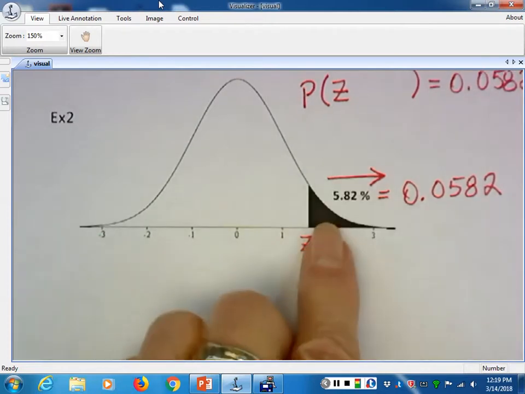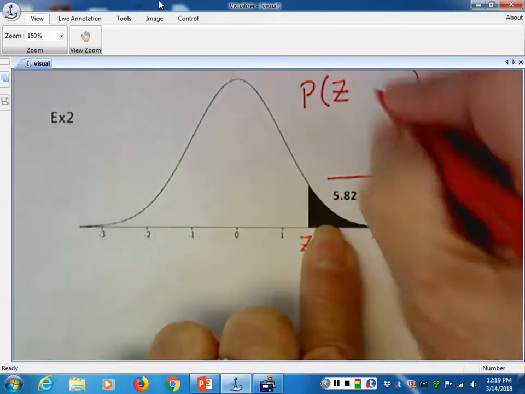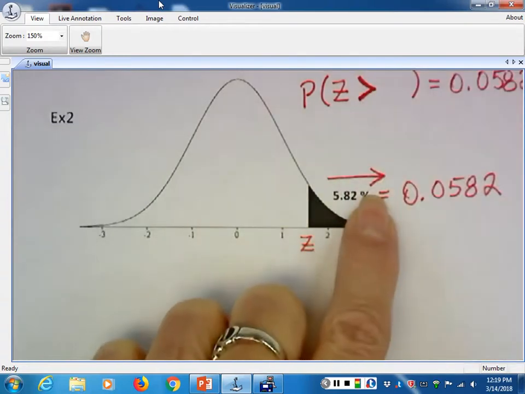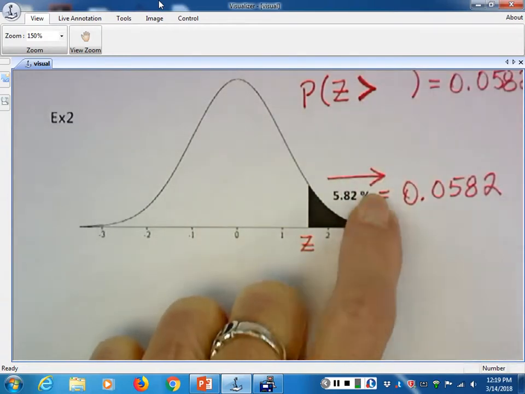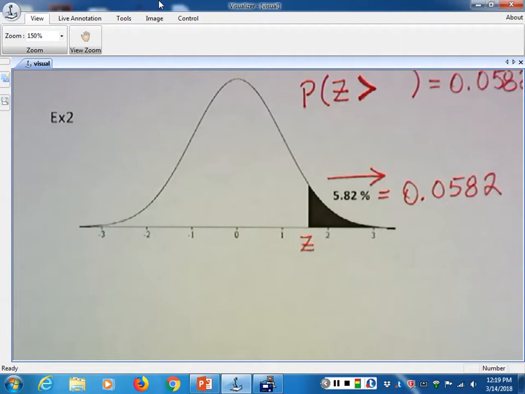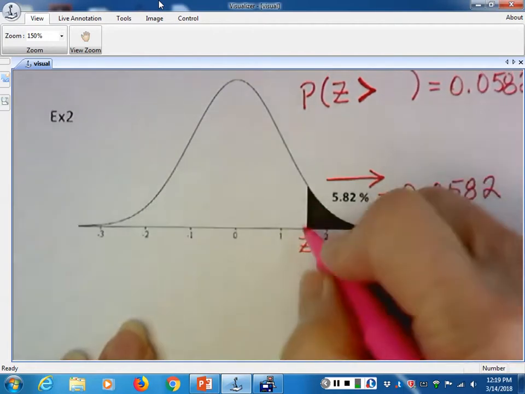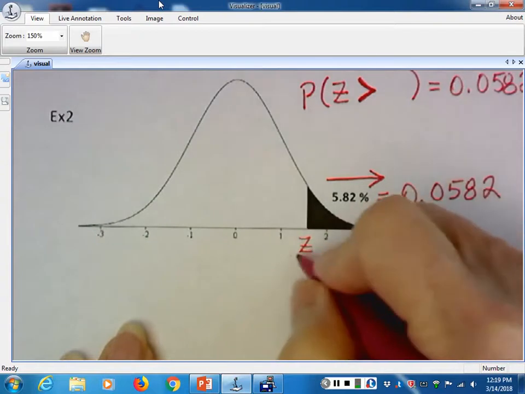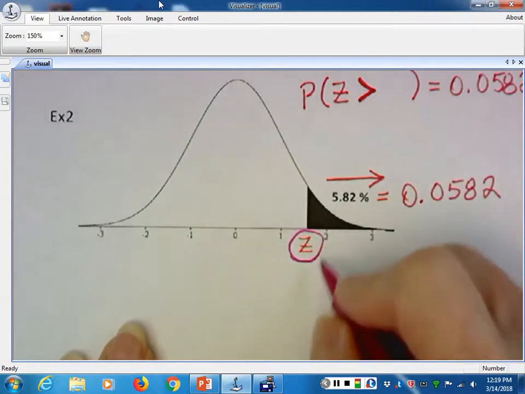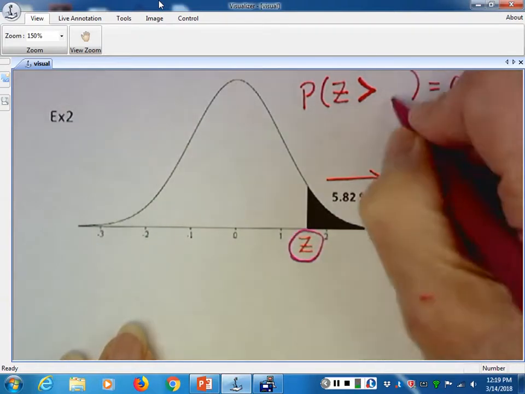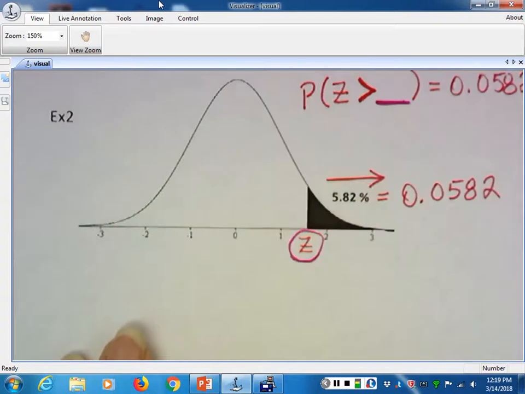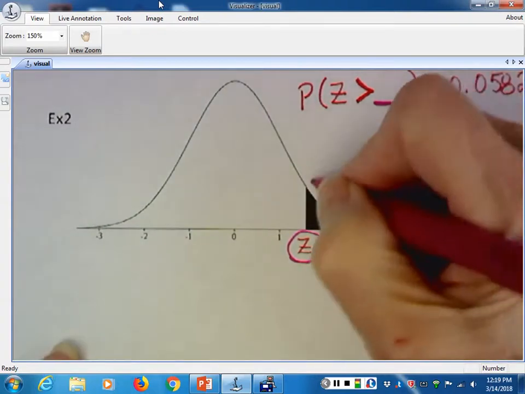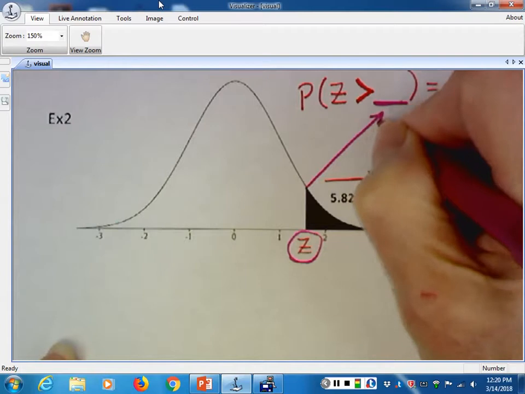But if you look at the fact that the area is to the right, that tells you z is greater than, because you're going to the right. So whatever z number it is that we're finding here, that number is going to answer this question. Okay? That's what we're actually finding, is the value of that number.